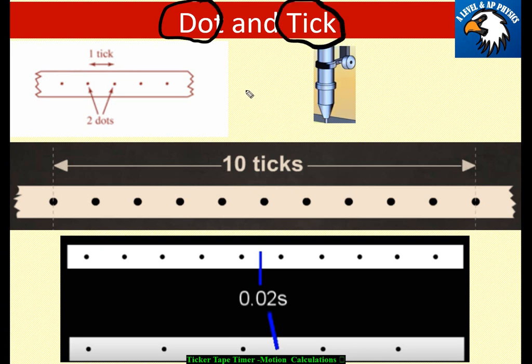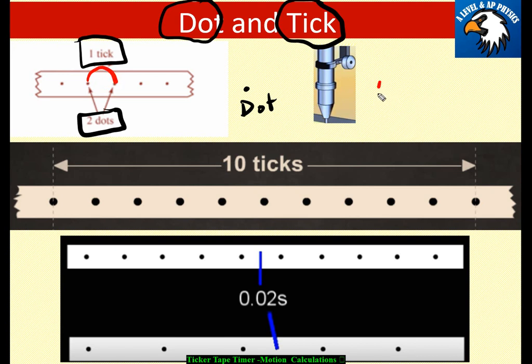Dot simply means something here, this is what we call a dot, and two dots together we call one tick. It will make our understanding very simple if we are very clear what is one tick. So one tick simply tells us the time interval between two dots.